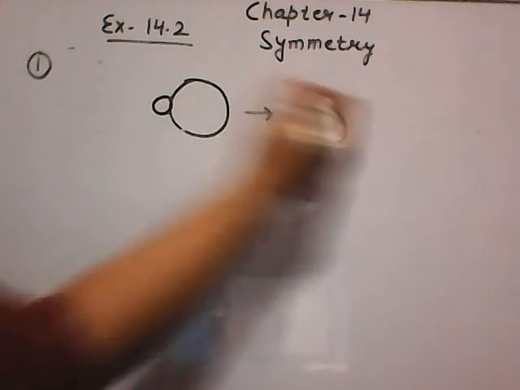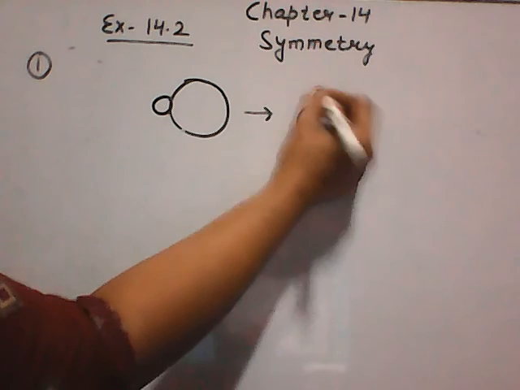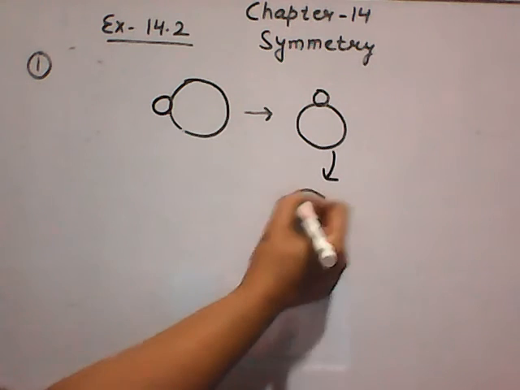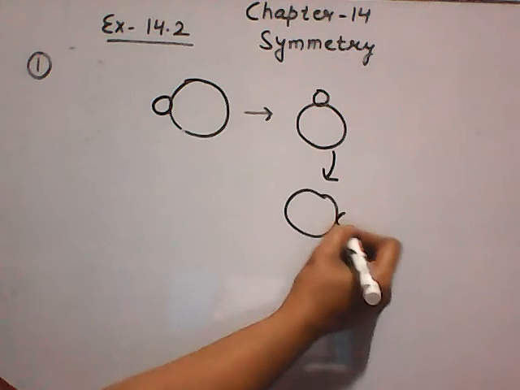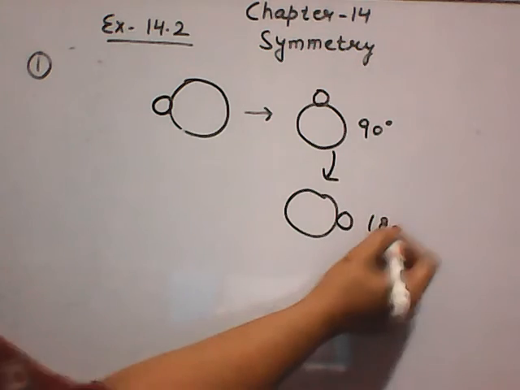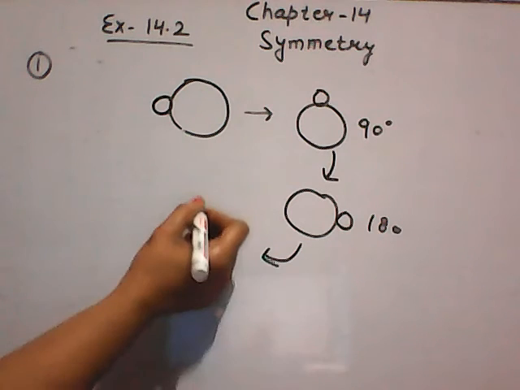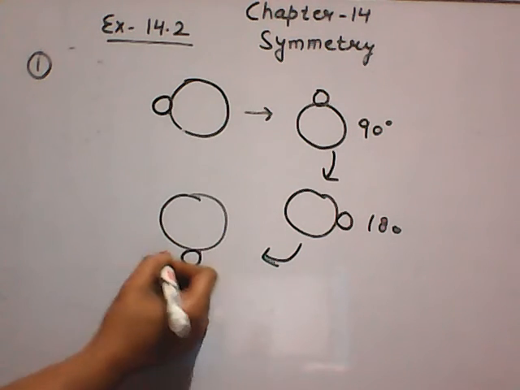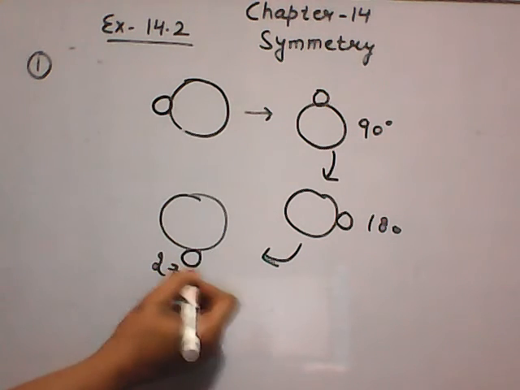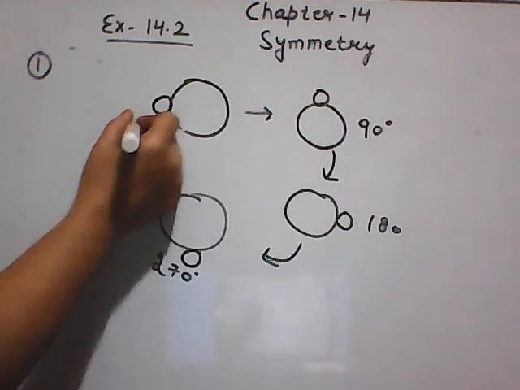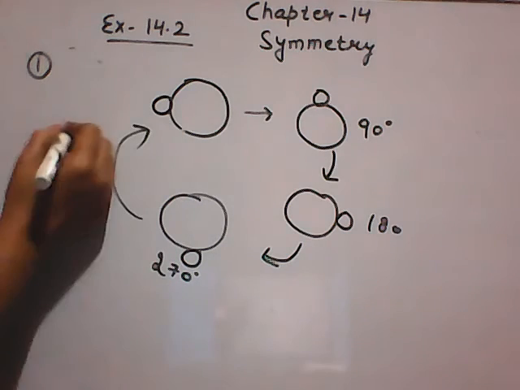If we move this figure through 180 degrees, it will be like that. If we move it through 270 degrees, it will be like that. And again, at 360 degrees, it is the original.